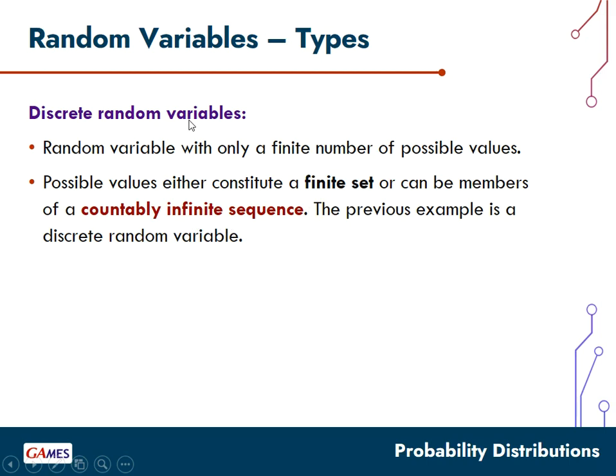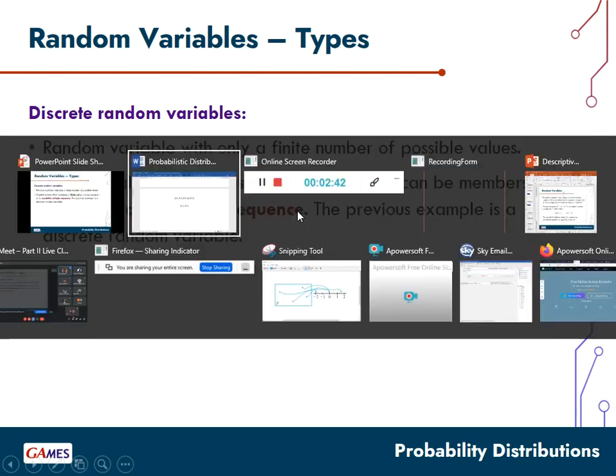So when we say countably infinite sequence, it means we have discretized this infinite sequence to countable values.